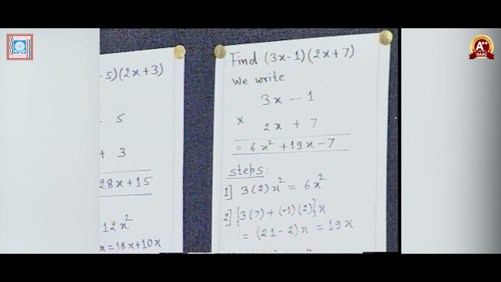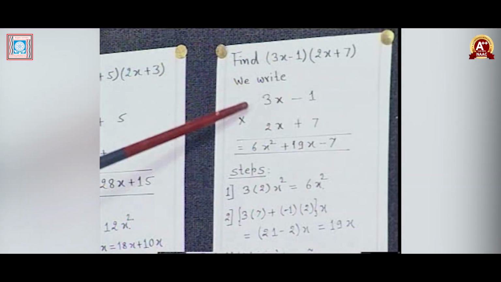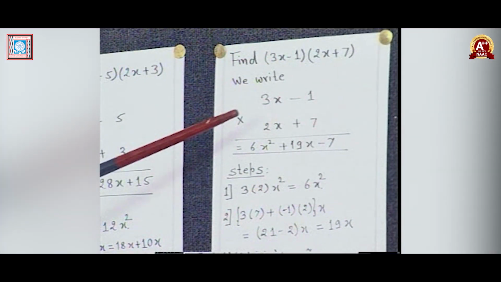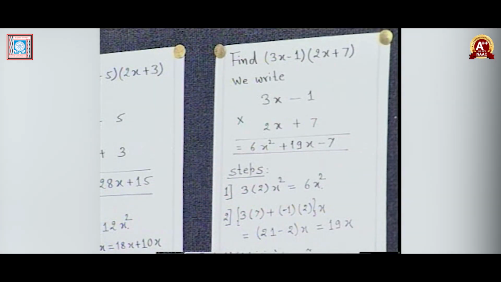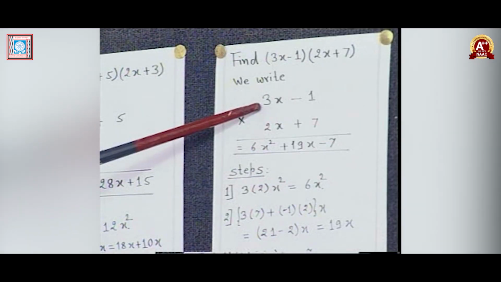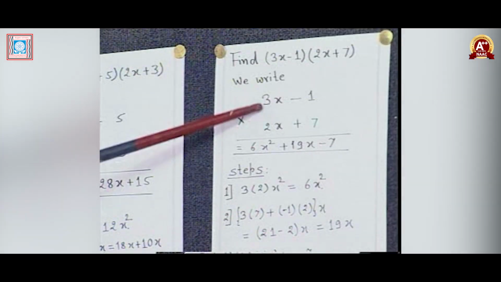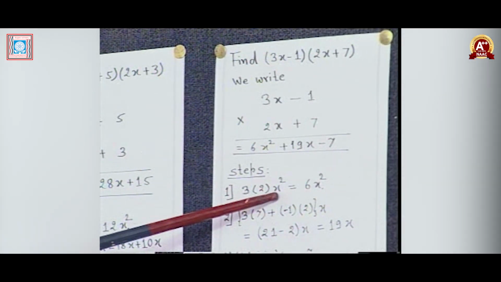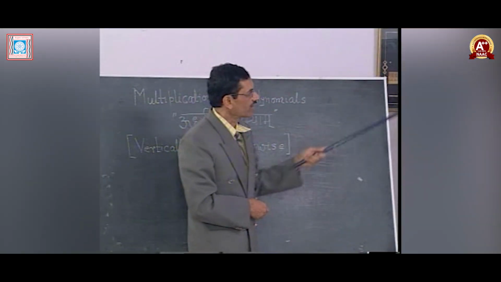Find 3x minus 1 into 2x plus 7. We write the structure as usual, 3x minus 1 multiplied by 2x plus 7, one below other. Now steps again. We start from left side, 3x into 2x as a first step. We can call 3 into 2 and then x square straight away. 6x square is the first term.